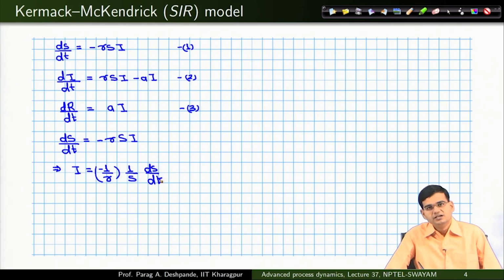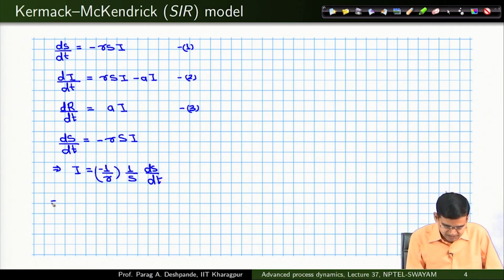Fine. So, now this can be written as I is equal to minus 1 over r d by dt of ln S.